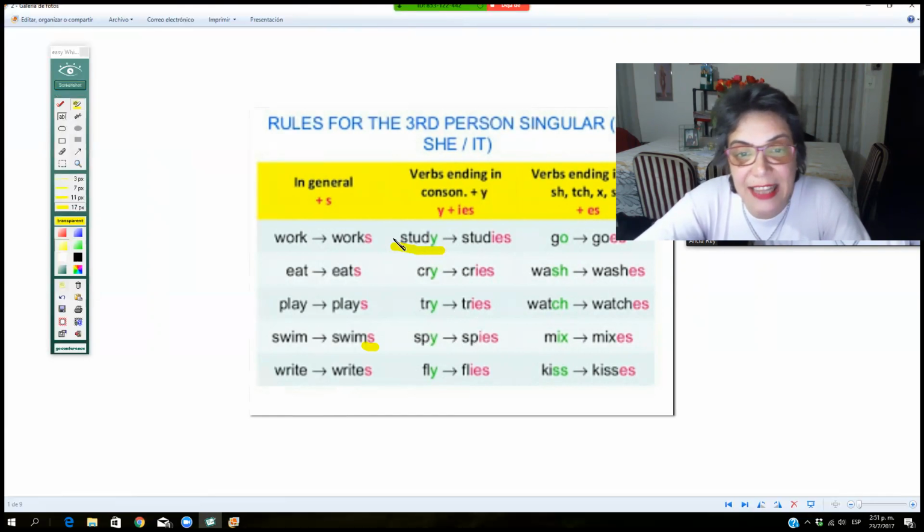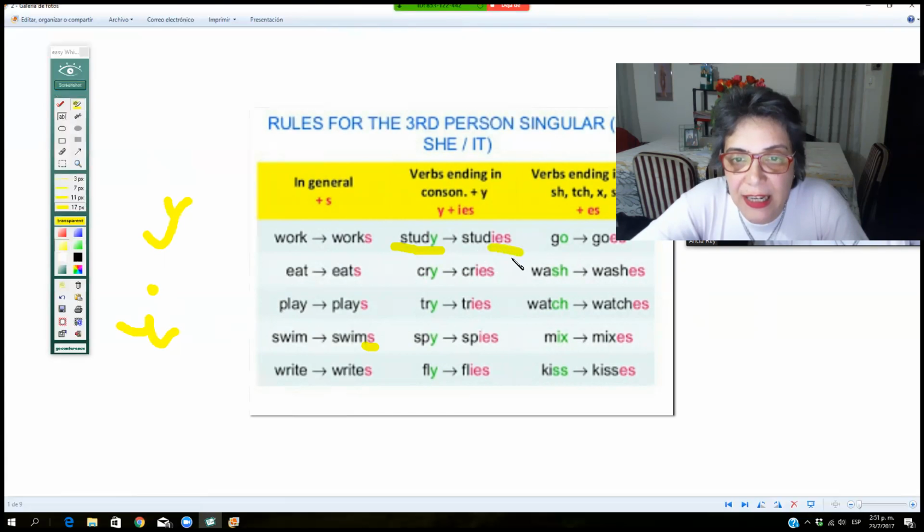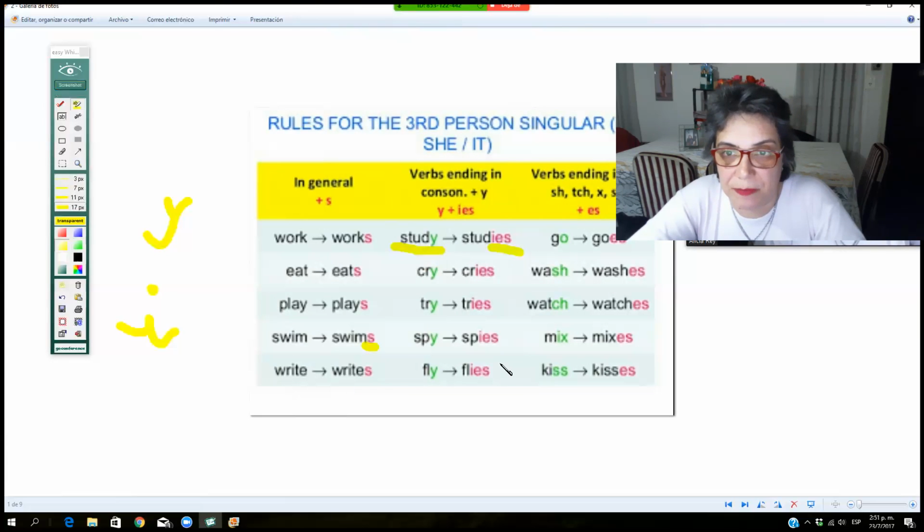In that case, that Y changes into the ordinary I, and then we add the particle es. So study becomes studies in the third person singular, and cry becomes cries in the third person singular, etc.